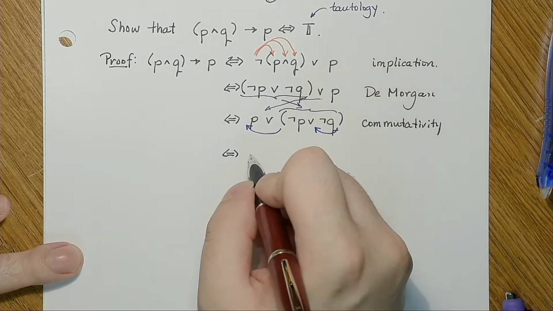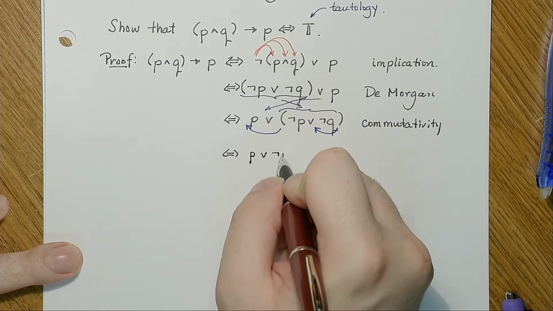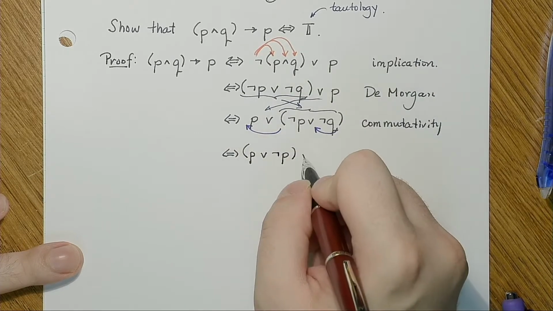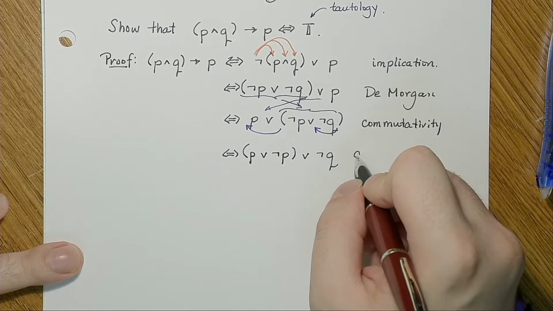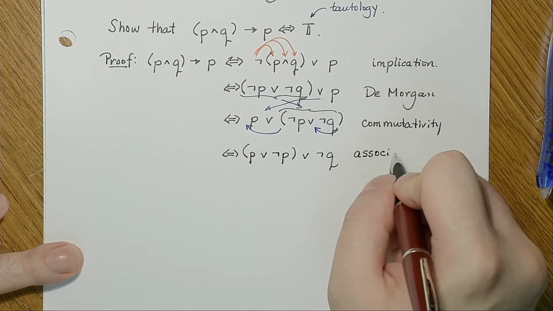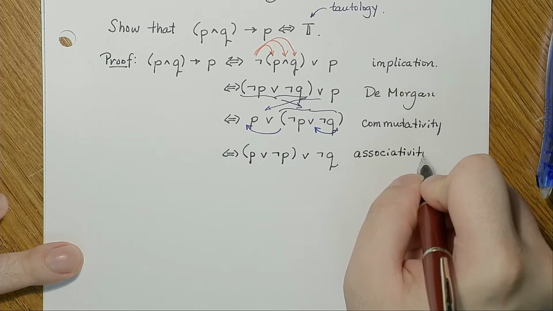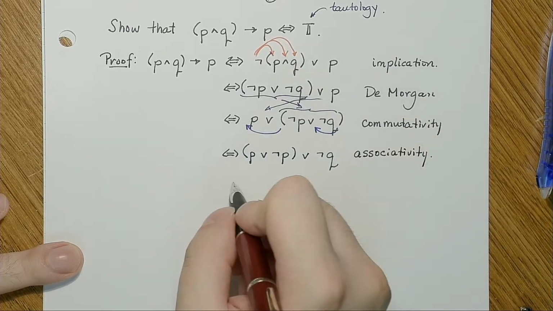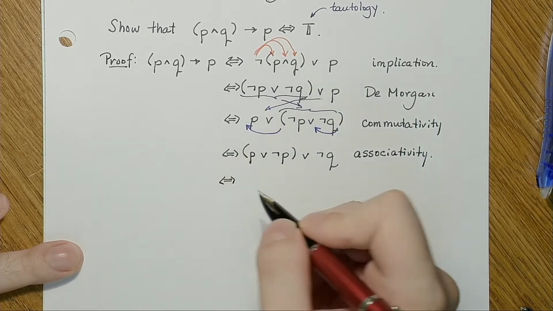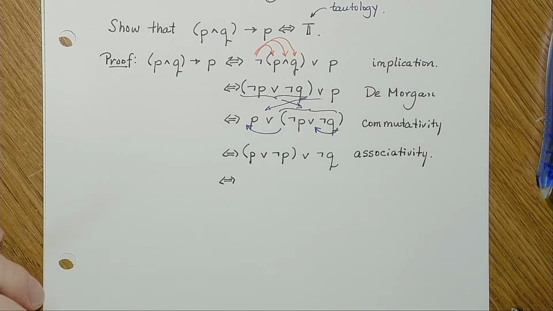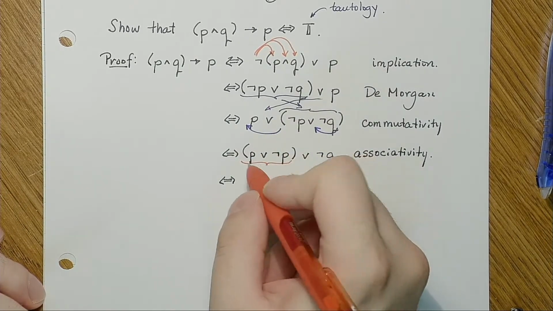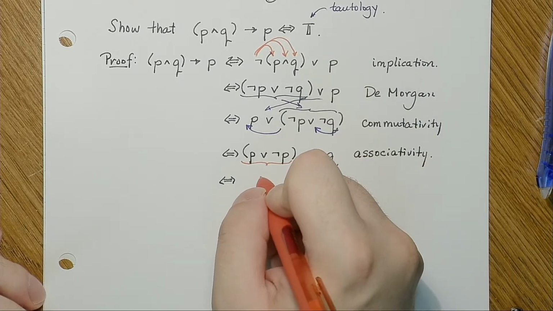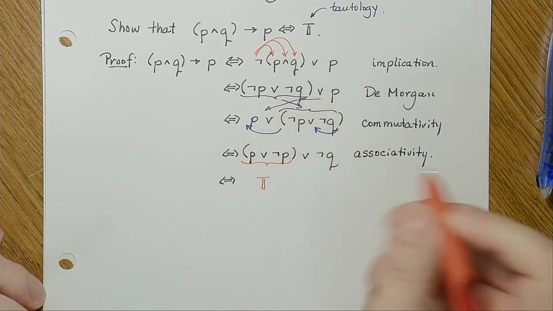So now I can do P or not P or not Q. So this is by associativity. So we know that P or not P, that's a tautology.